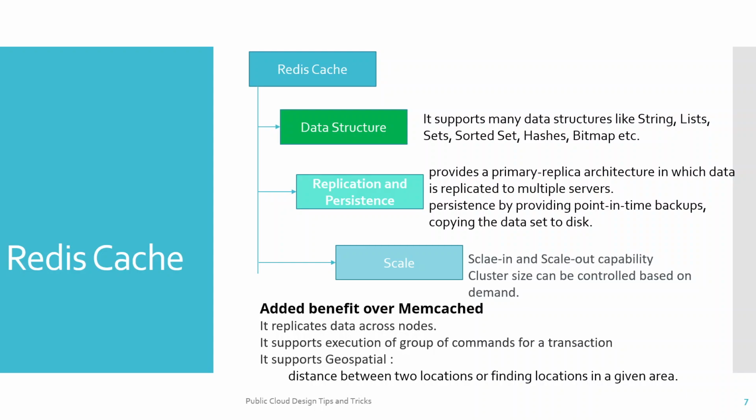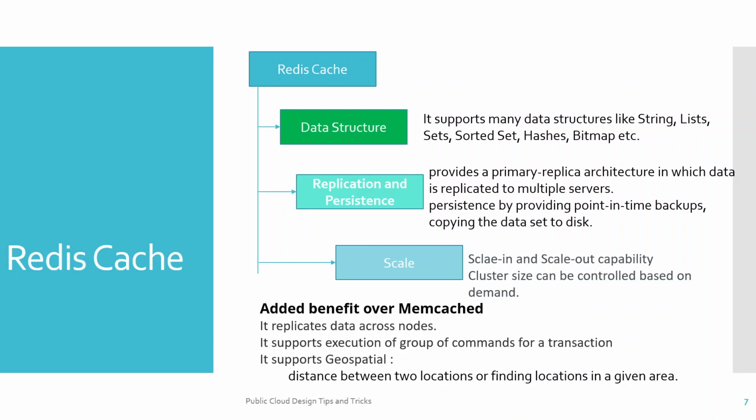So this is the added advantage. It is persistent by nature by providing point-in-time backups, copying the data sets onto disk. So it has a snapshot as well. From a scaling perspective, it is scale-out capable, and the cluster size can be controlled based on demand.